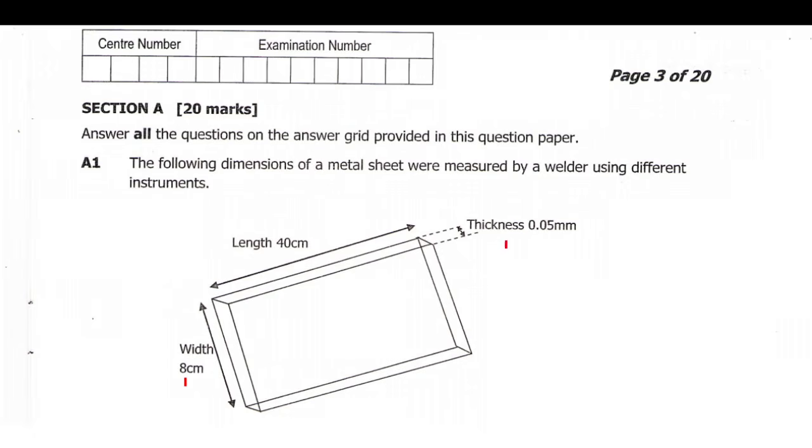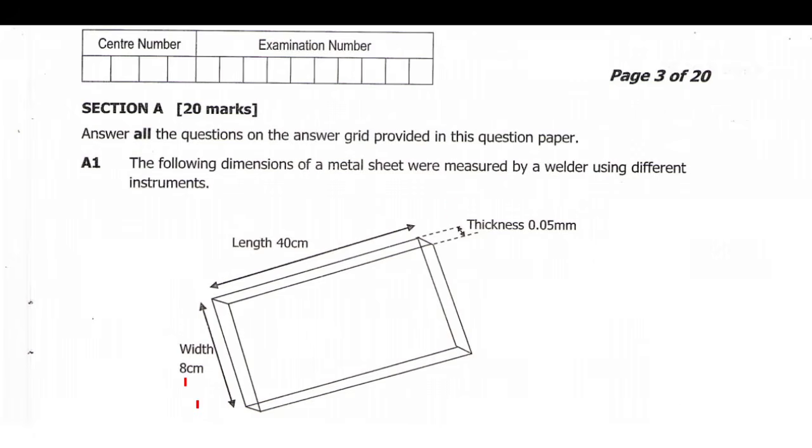Then here he used a micrometer screw gauge, because a meter rule cannot measure the smaller distance of 0.05 millimeters. Also, a micrometer screw gauge is the one suitable for measuring such distance.